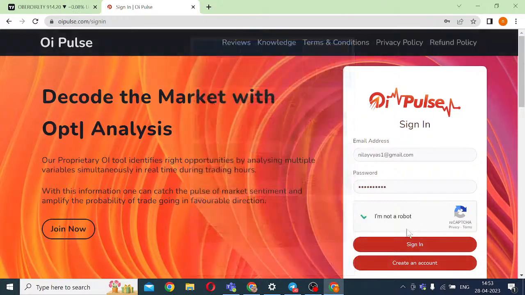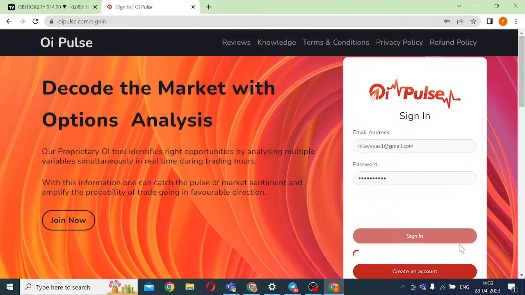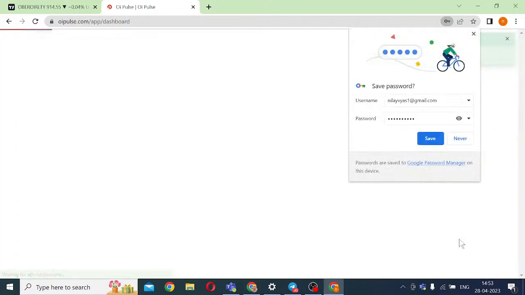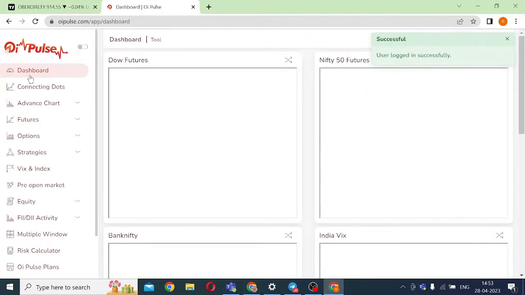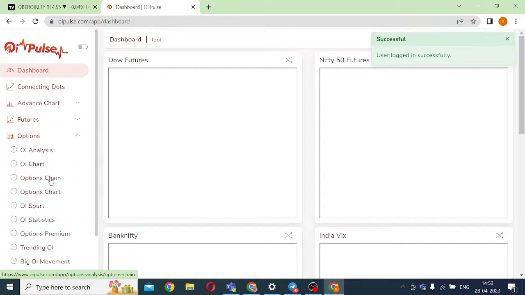I think it should go through. I'm just opening the option chain here.